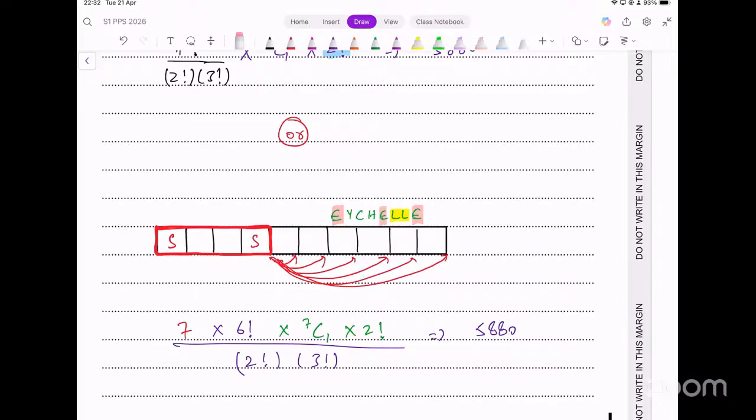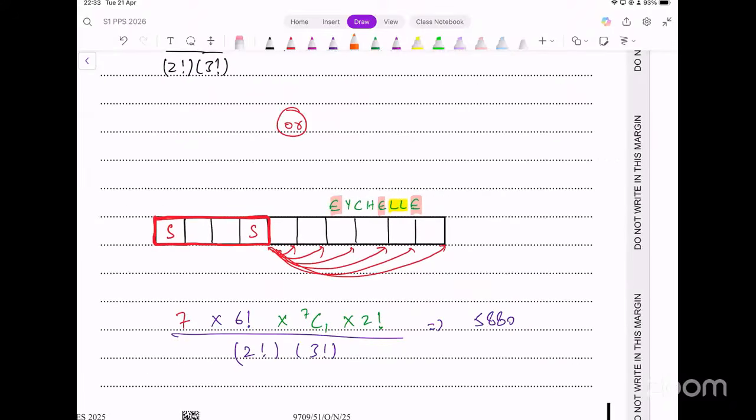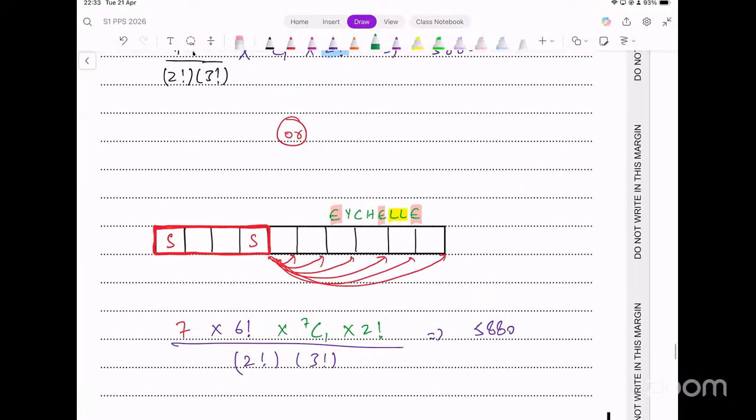What if we had more C's and we had to put only one in the big box? We just divide by the repetition. So the question is, what if there was more than one C and we just had to put one of them in these two places?